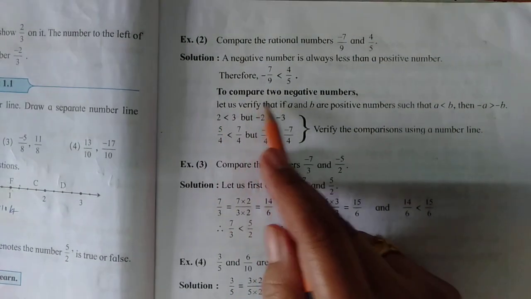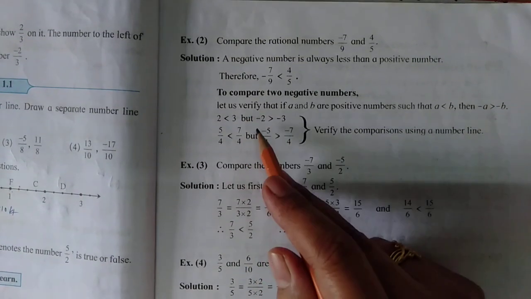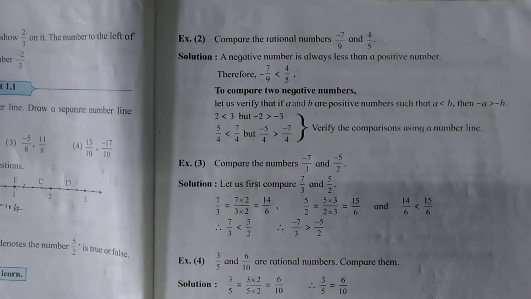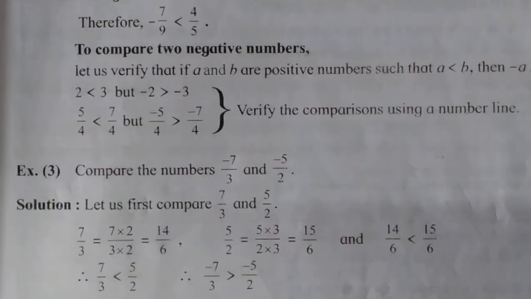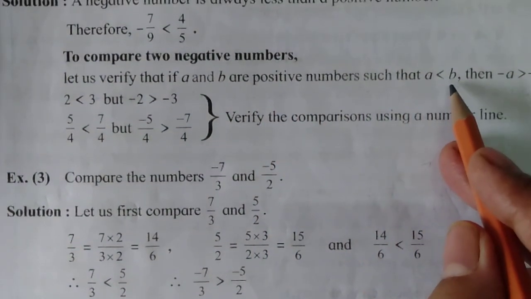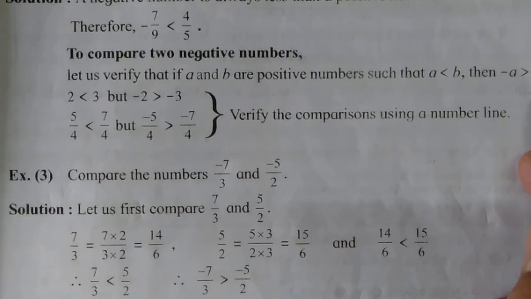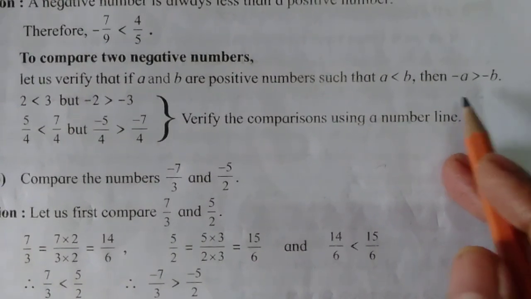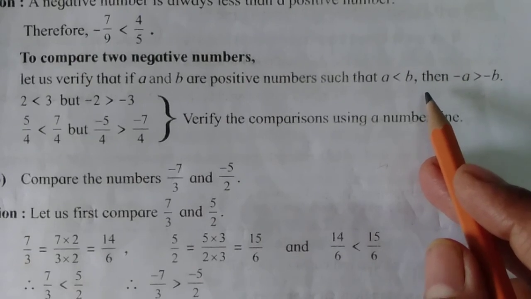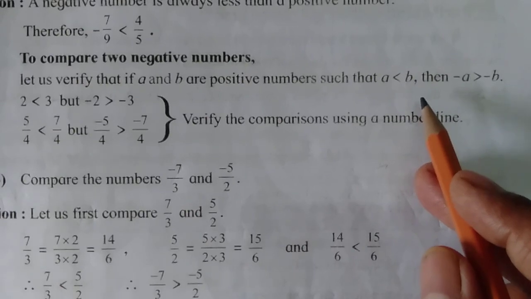Next is to compare two negative numbers. Let us verify that if A and B are positive numbers such that A is less than B, then negative A is greater than negative B. We know that because after converting into negative numbers, the greater number becomes the lesser.